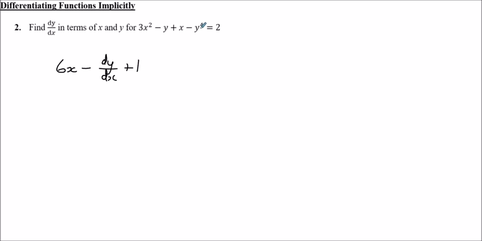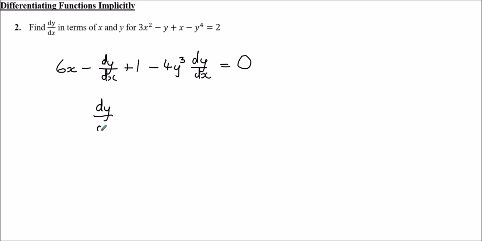X to the 4 will differentiate to 4x cubed. Y to the 4 will differentiate to 4y cubed. That's a minus, of course. And then, of course, because it's a function of y, you get the idea now, I'm hoping, stick dy by dx on the end. Differentiate the right hand side, 2 is a constant term, so this differentiates to 0. Next, I'm going to factorise out the dy by dx on this side.